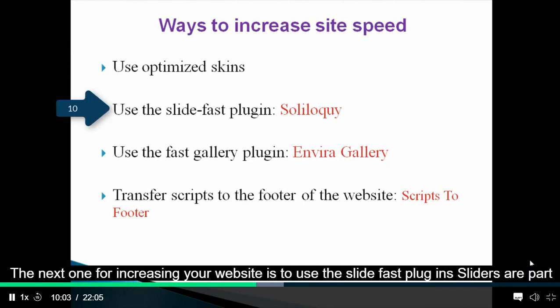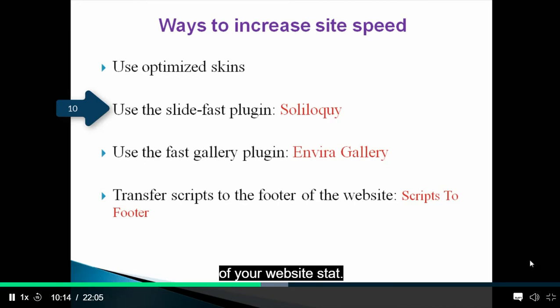Okay, the next one for increasing your website speed is to use fast slider plugins. Sliders are parts of your websites that normally slow down the speed of your website.